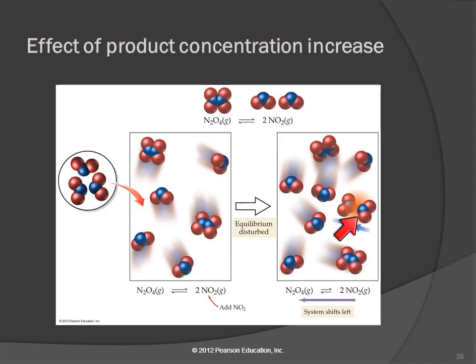So these guys are going to react together, and we're going to end up now with more reactant than we had before. The system will shift to the other direction. So if you add product, the system will shift to the reactants. If you add reactant, it will shift to the products.